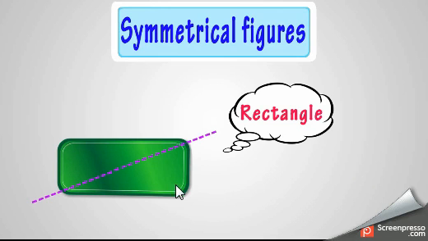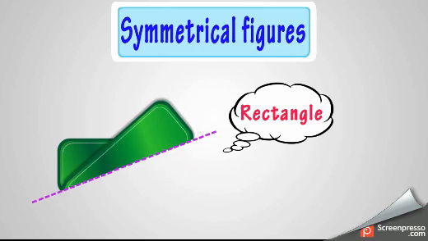When I fold this rectangle, this part on this part, will it completely cover the first part or not? We will see now. I will fold it. No, mister, it does not completely cover the first part, so it isn't a symmetrical figure.